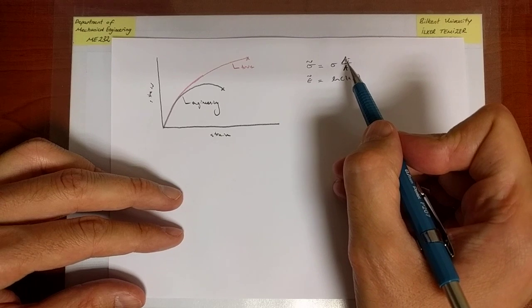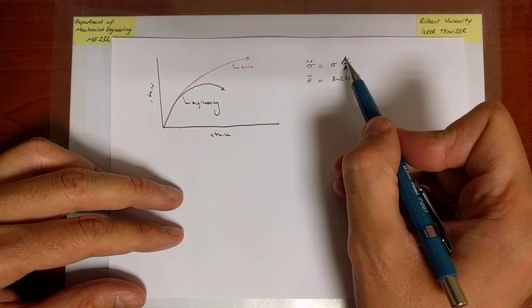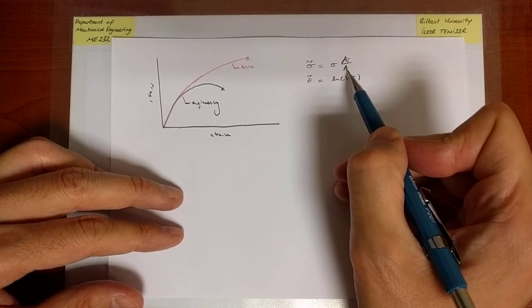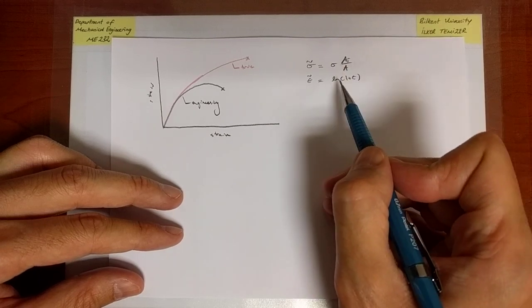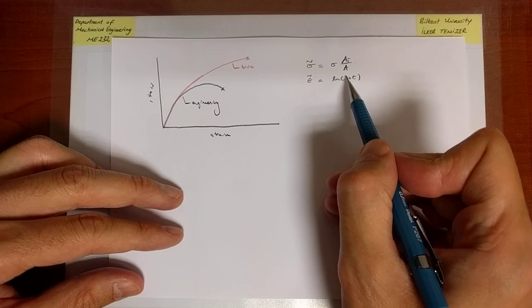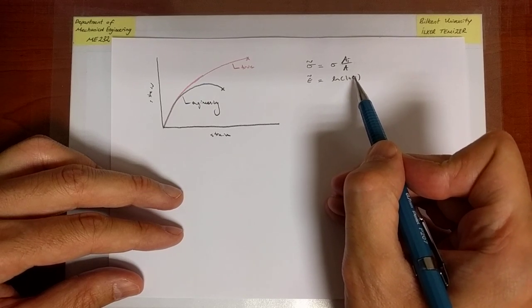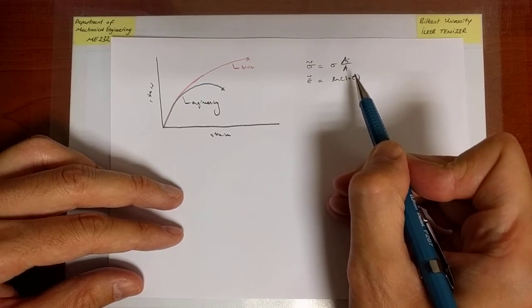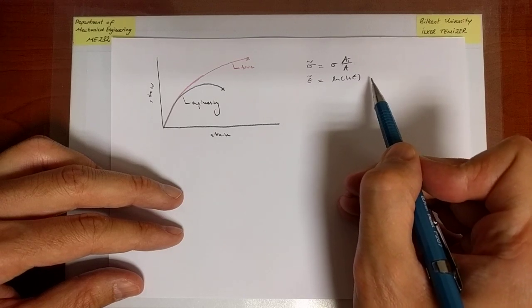what we know is that if the deformations are small, the initial and deformed areas are very, very close to each other, and also if you do a Taylor series expansion of ln(1 + epsilon), for small values of epsilon, you will see that this function delivers you approximately epsilon.